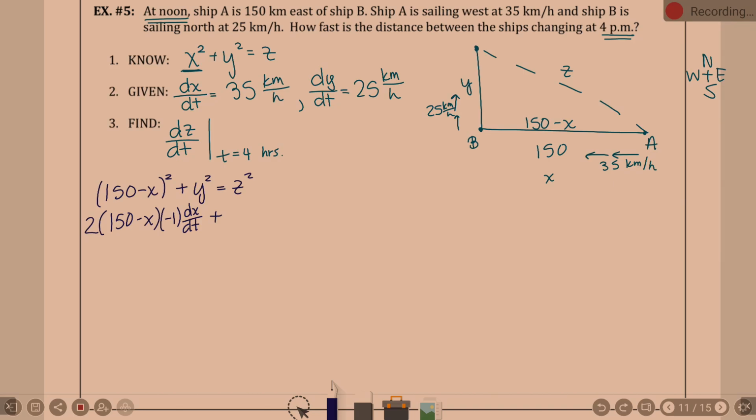Plus the derivative of y squared, 2y dy dt, equals the derivative of z squared, 2z dz dt. Okay.